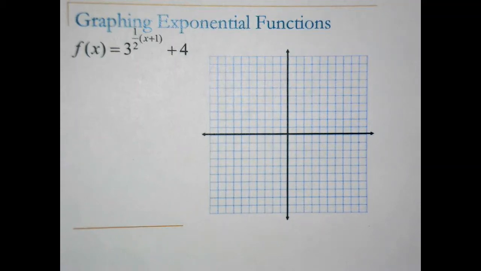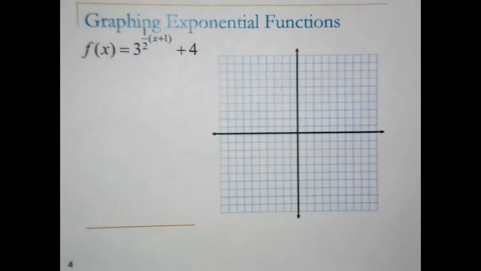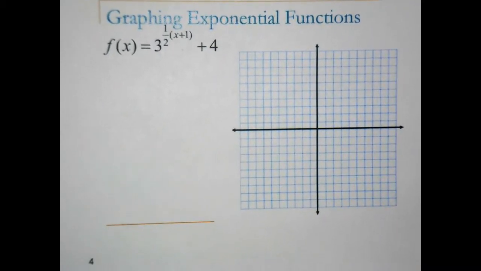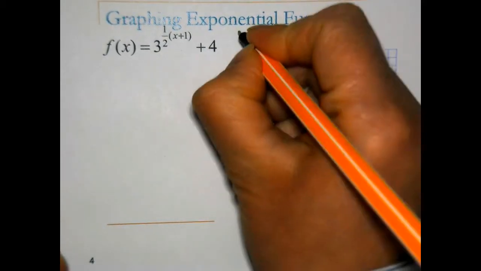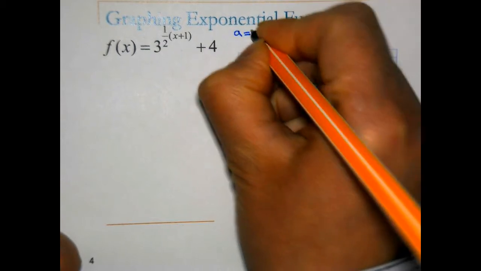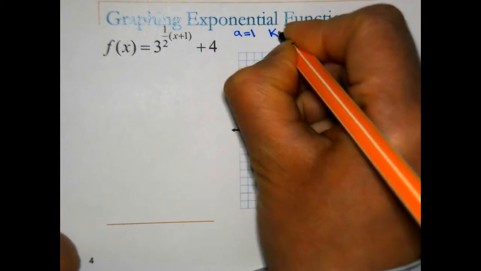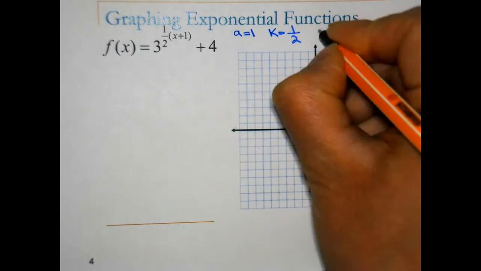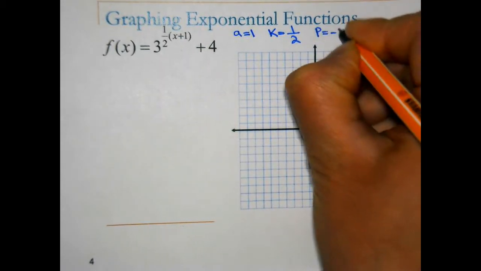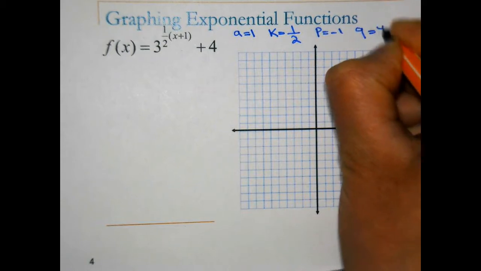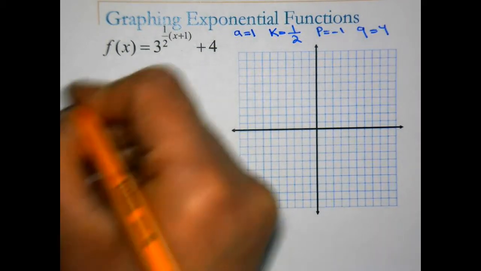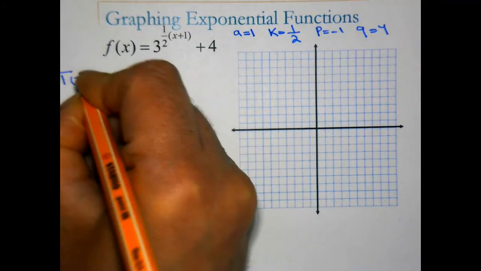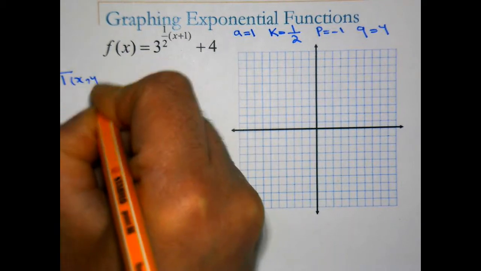So now we are going to write the mapping notation and actually graph this function. So to recap, our a value was 1, k was 1/2, p was -1, and q was 4. So we are going to write x and y.